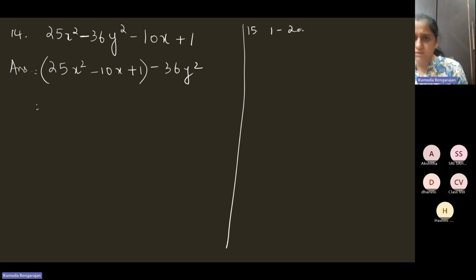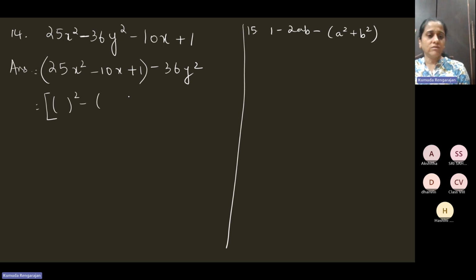1 minus 2ab minus a square. Yeah, Harini, see here. Now you should present this one in the form a squared minus 2ab plus b squared. And then what is 36y squared? 6y the whole square. Correct. Now in the first bracket we'll have 5x, the last bracket 1.